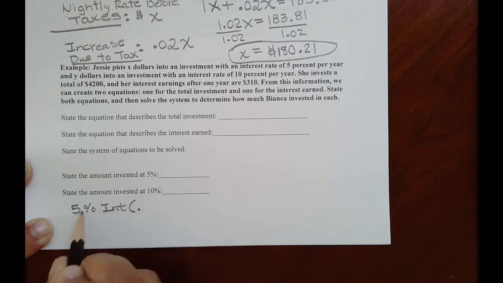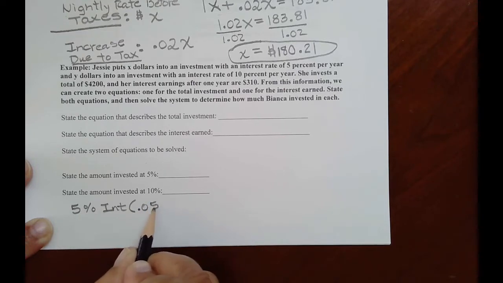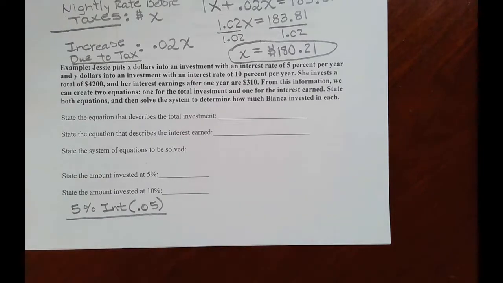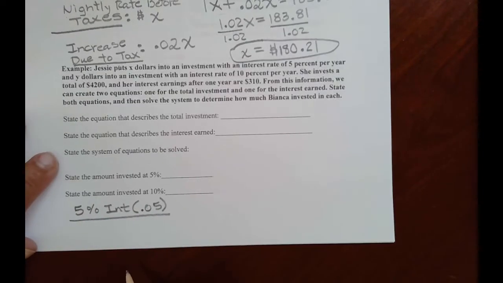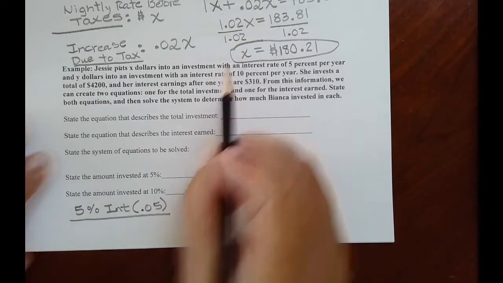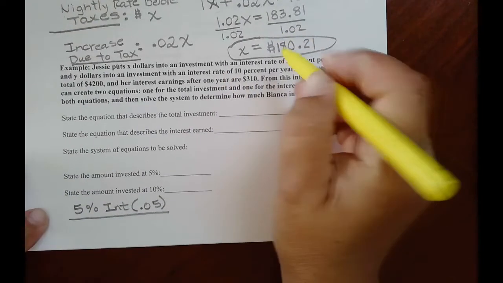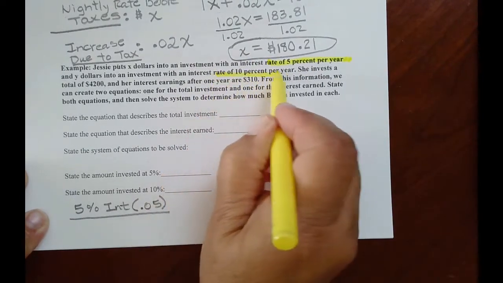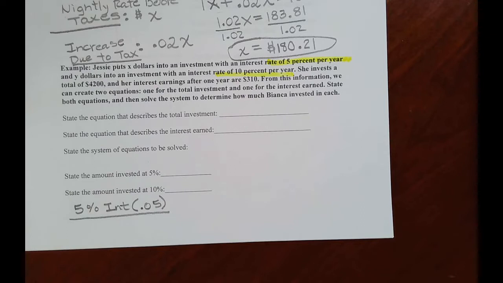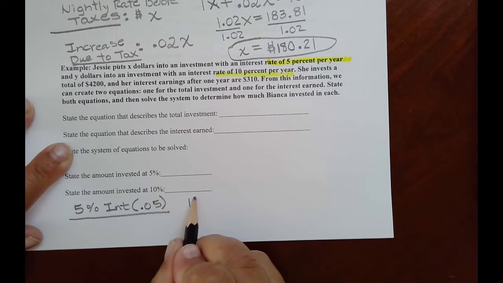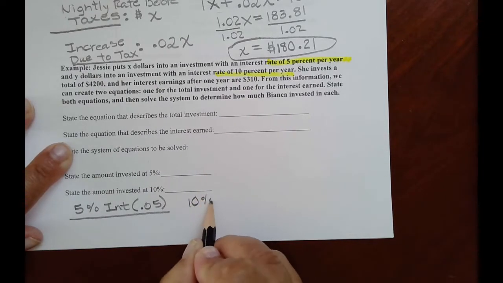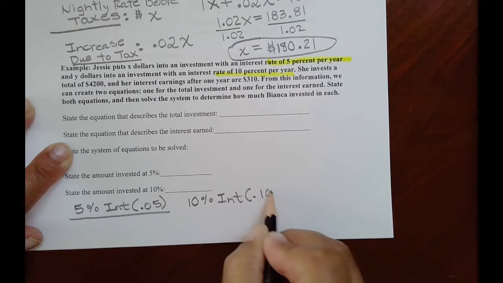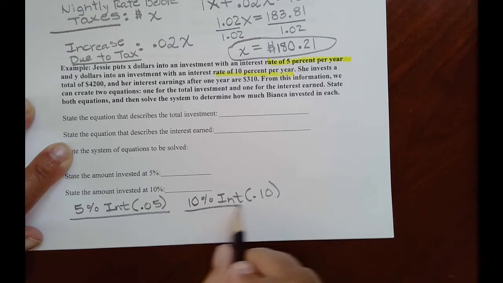Remember, we always represent percentages using decimals. So got one that bears interest of 5%, and then there's also some money being put into a 10% account. Okay, we got one with a rate of 5%, another account with a rate of 10%. 10% interest, this will be how we'll represent it when we write our equation.